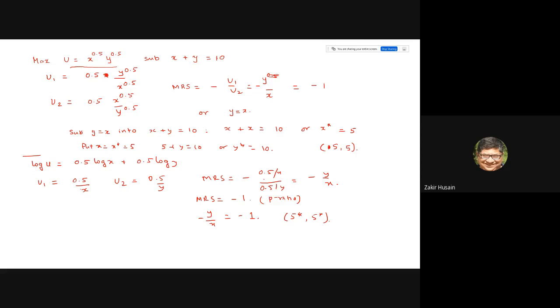Suppose we take the square root of u, what will happen? Root of utility. So V is now this.